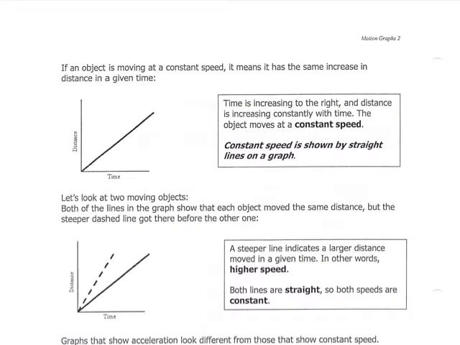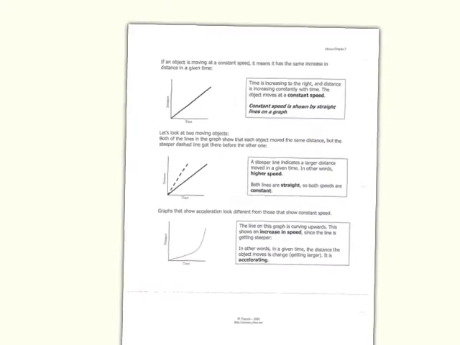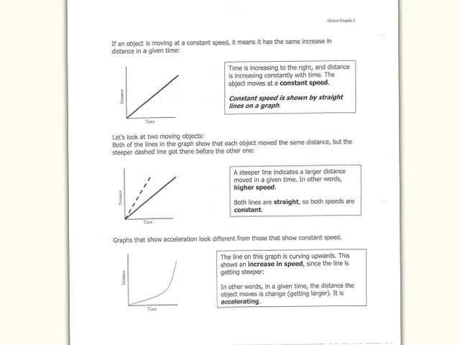Let's look at some more things that could happen on a distance time graph. Alright, so you can also have, and we've seen this before in a lab, a straight line that's at an angle. If your position, as time increases, your distance increases, that implies that you're moving, but more importantly, that you are moving at a constant speed.